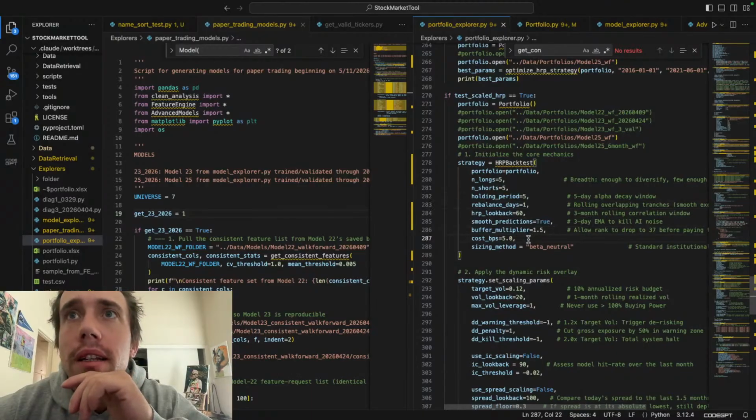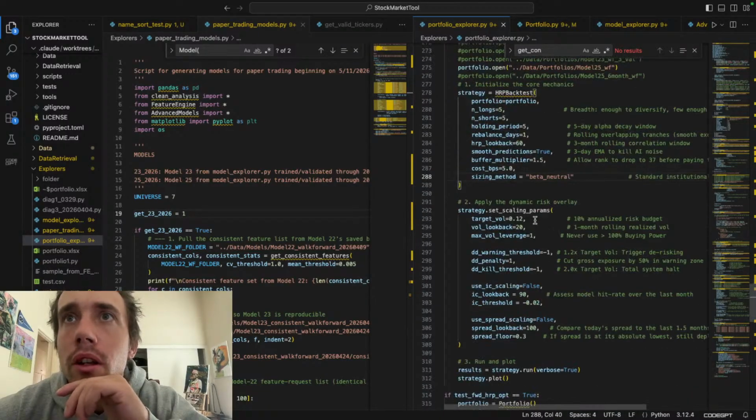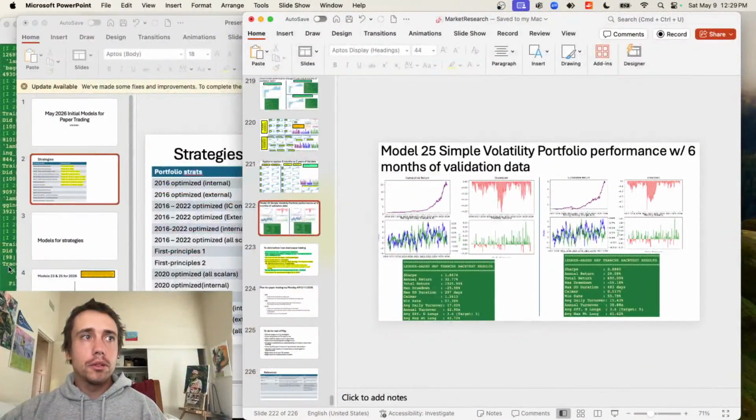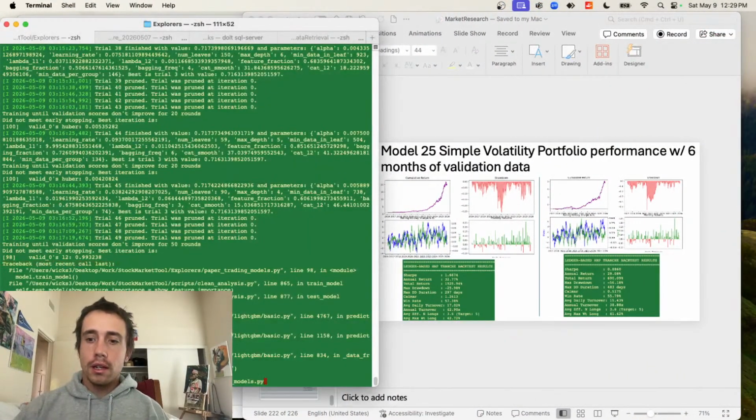HRP look back is 60. Smooth predictions true, buffer 1.5, cost 5, beta neutral. 0.12 target volatility, 20 days, 1. No drawdown scaling, no IC scaling, no spread scaling. So we should be good. And let's run.